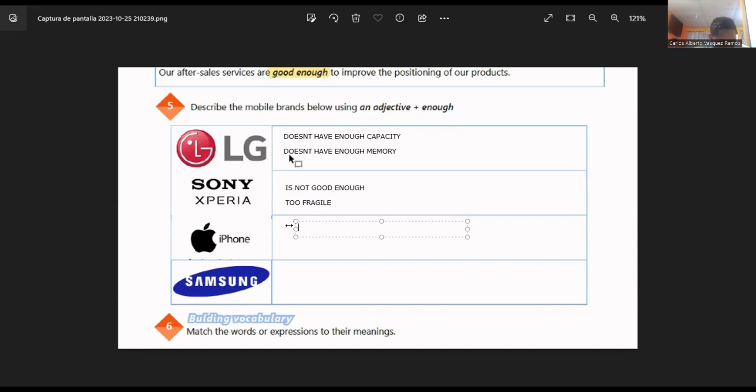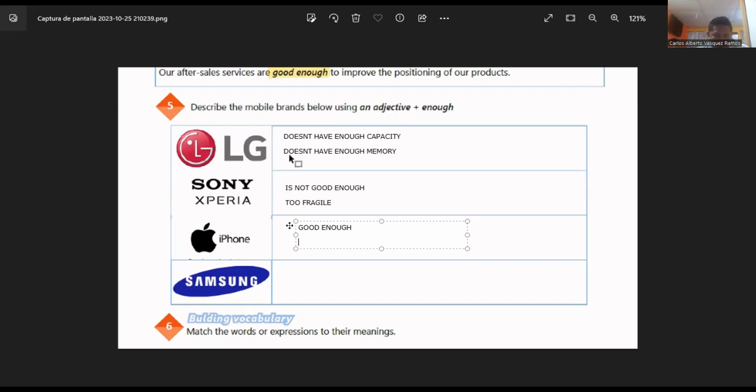iPhone. Good enough. It's good enough, but it's very difficult to use. For example, it's very complicated to use. For me, it's very complicated to use, but good enough.